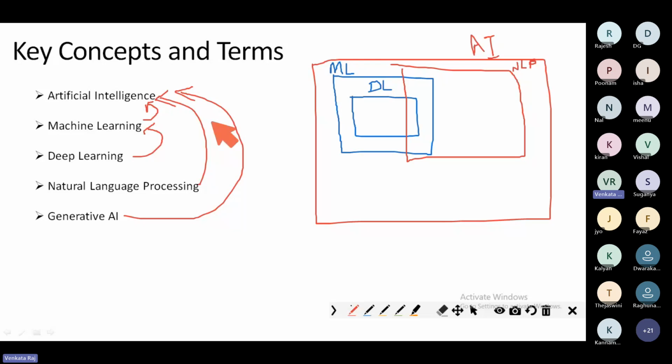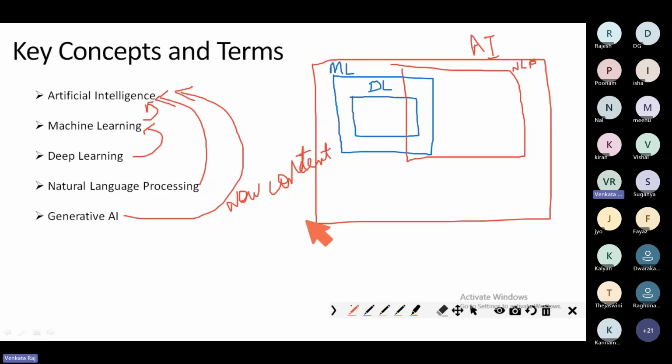Generative AI will produce new content. That content can be images, music, videos, text, or any other creative formats. But generative AI is going to generate completely new content based on the inputs we give.